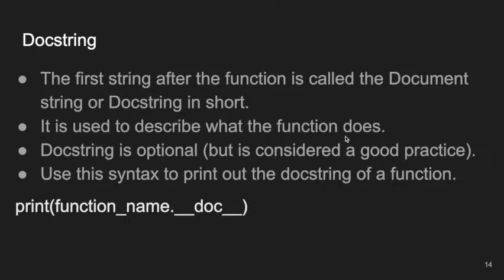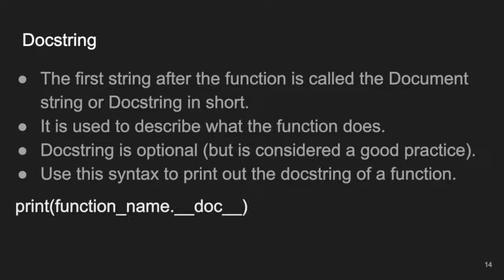When you are writing your own function, it's good practice to supply a docstring. You can use it to document your code, and usually you will use it to describe what your function does. Docstrings are optional in your functions.